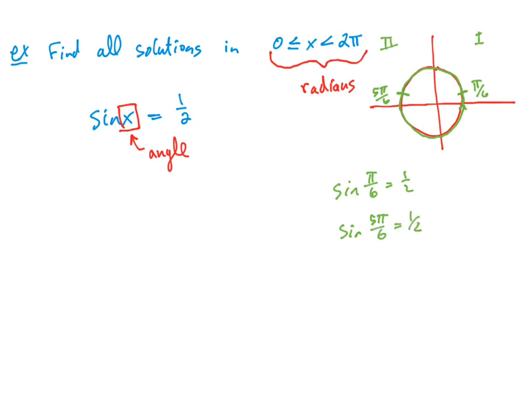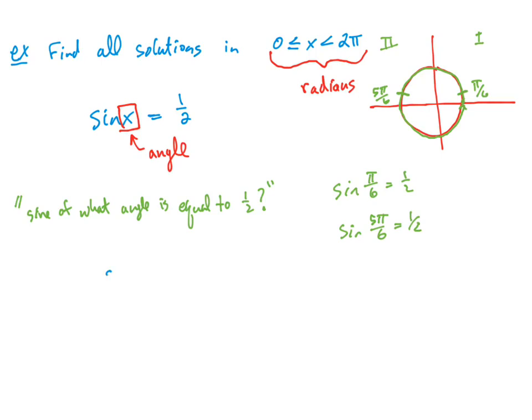Another way to think about this equation is by asking: sine of what angle is equal to 1/2? The answer to that question is pi over 6 and 5 pi over 6.